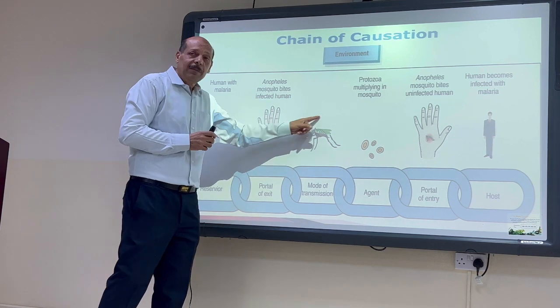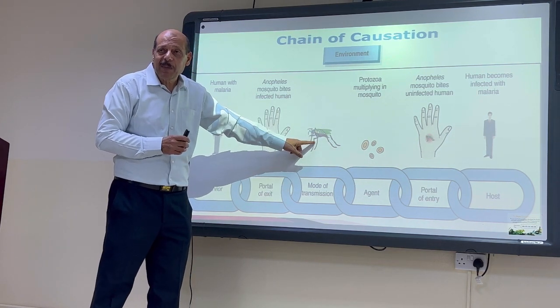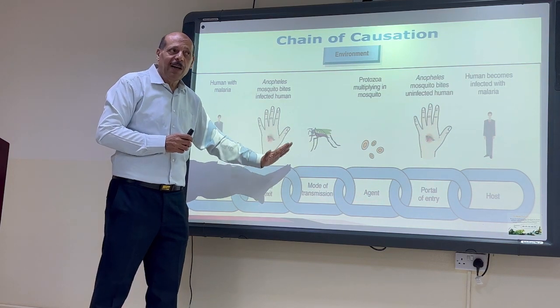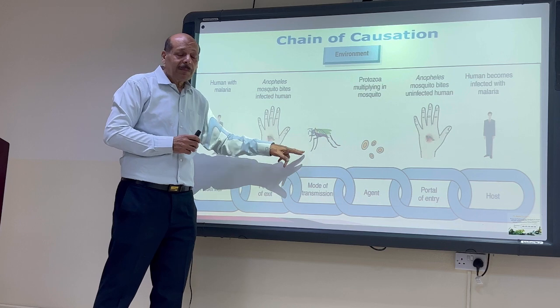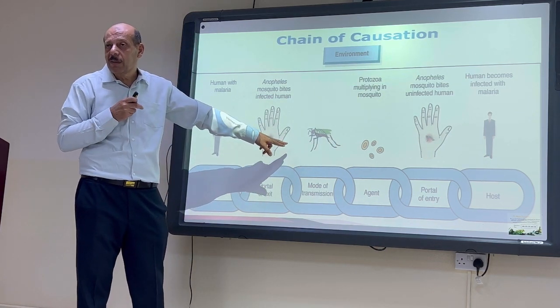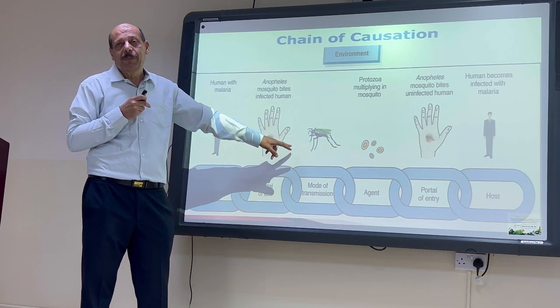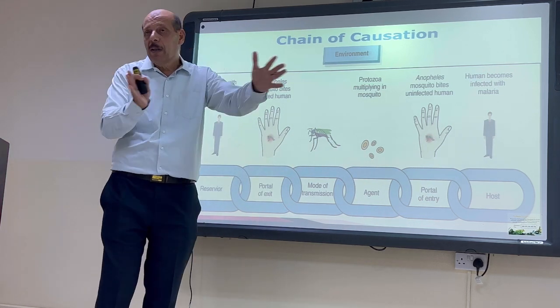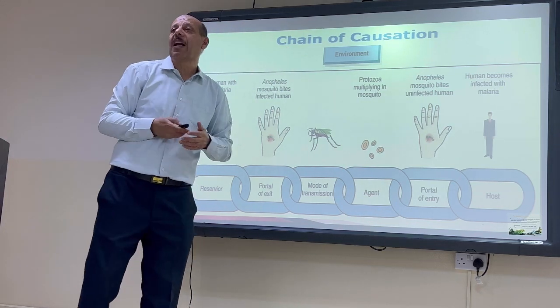If we are getting rid of the female Anopheles mosquito, in this case we are preventing the spread of infection. So they are working in malaria, they are working mostly on what? The mosquito. So it depends upon the stages of development of the disease and the mode of transmission.